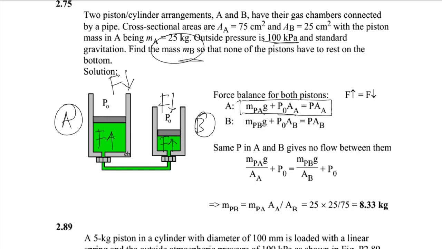For cylinder B, we would have the mass of piston B times standard gravitation, and the pressure forces from there, times the area of piston B.